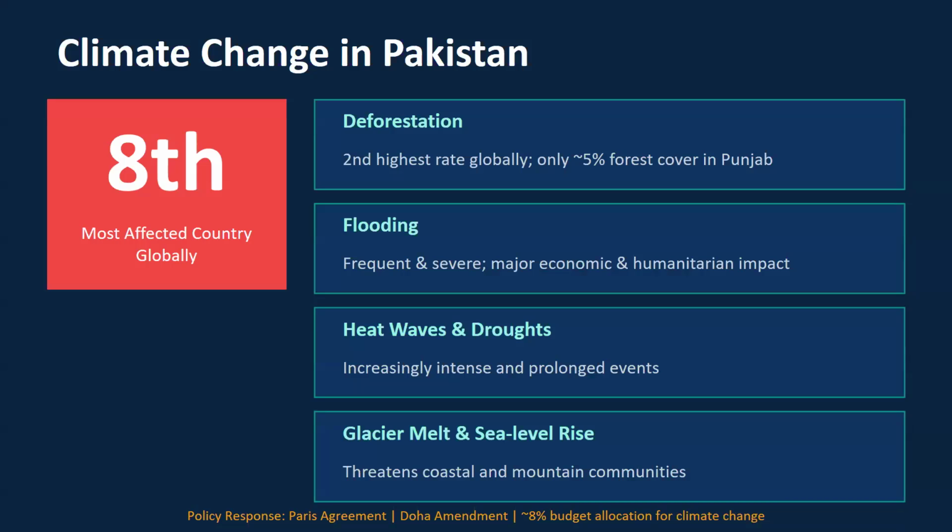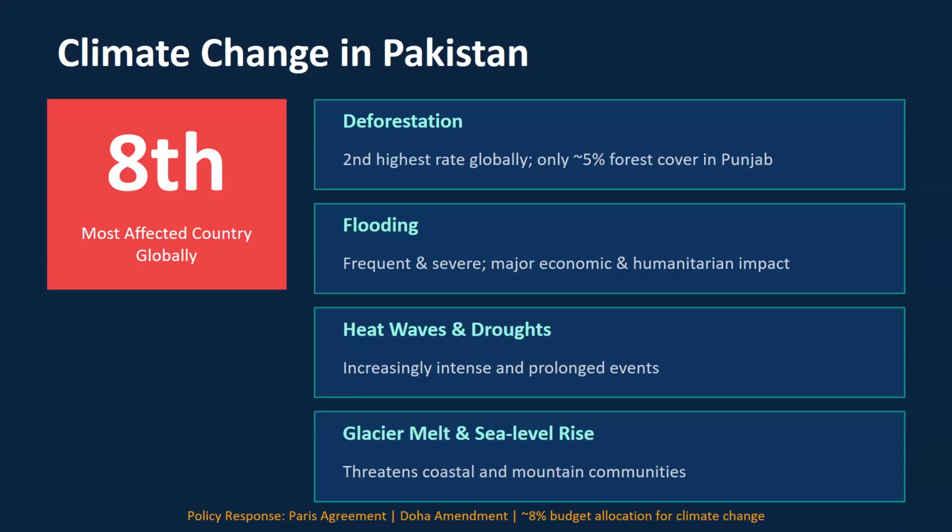So, climate change in Pakistan: we have some statistics that Pakistan is the eighth most affected country globally, and there are different causes. For example, deforestation. Pakistan has the second highest rate globally of deforestation, and only around 5% of the forest cover is in Punjab.